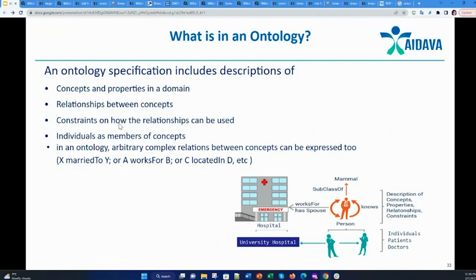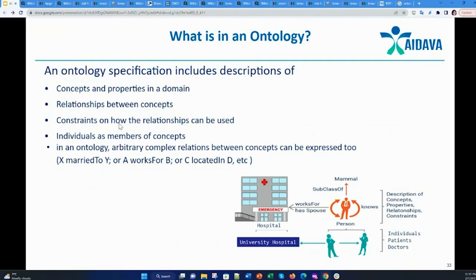A person, from one point of view, can be considered a subclass of mammal or biological object. From the other perspective, a person can be considered a social individual, and this individual has, for instance, a social role, has a different type of position in this hospital or relation to this hospital.